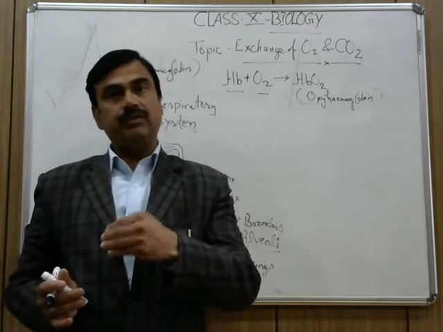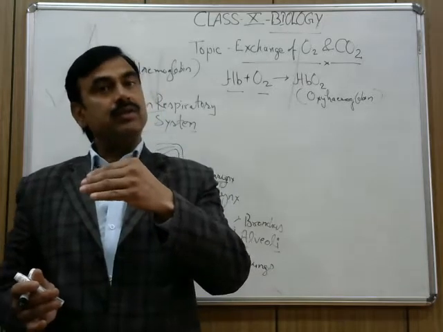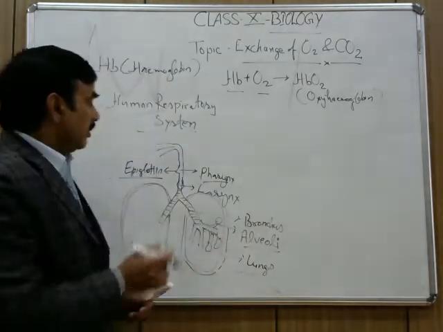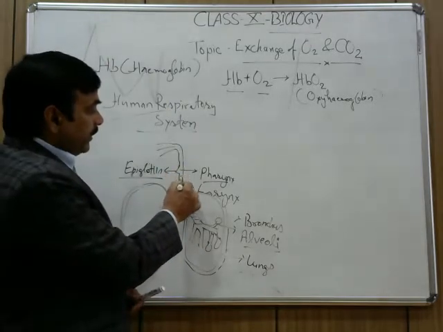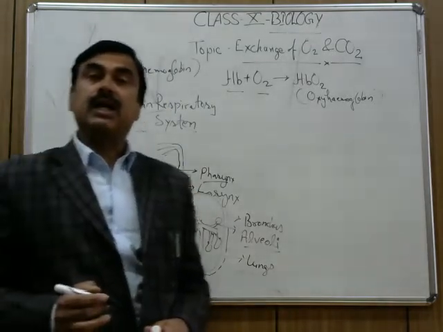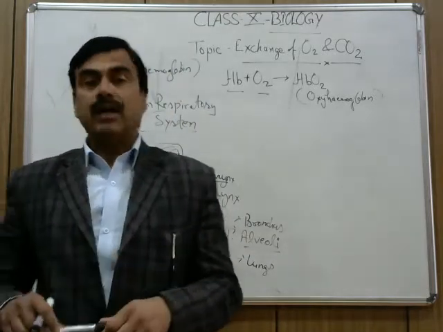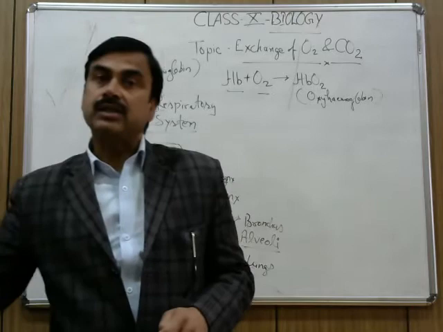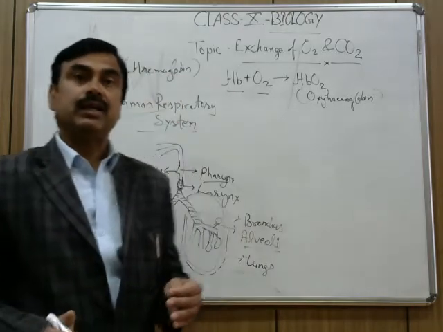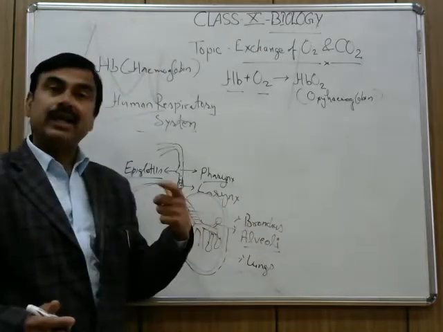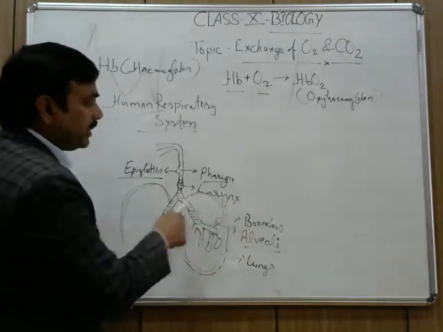When we swallow food, that cusp closes, otherwise it remains open. So when air reaches the trachea, as I told you, the trachea is surrounded by cartilaginous rings. They do not allow the trachea to collapse. It's a proteinous substance, and then that air moves into the two branches.